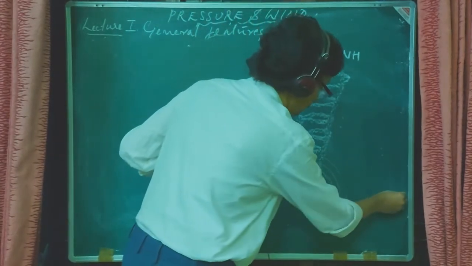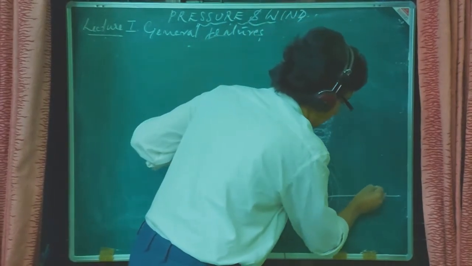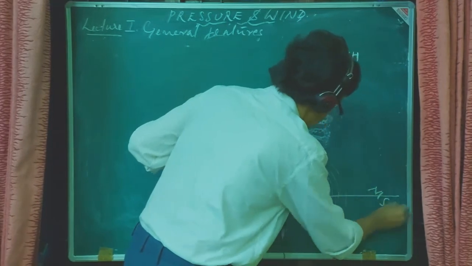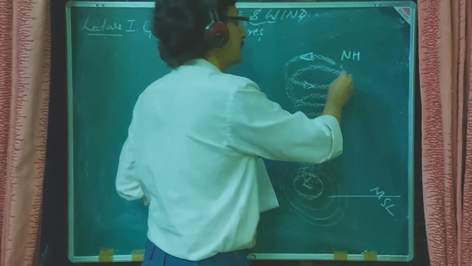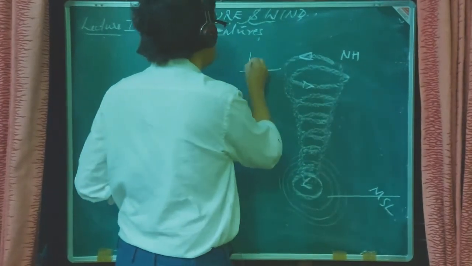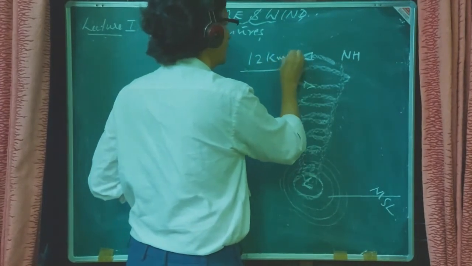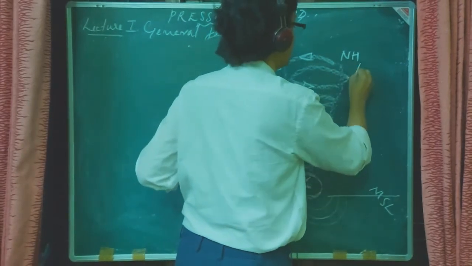In the cyclonic storm, there will be an intense low at the mean sea level, MSL. But if you go around 12 kilometers, you will anticipate a high.